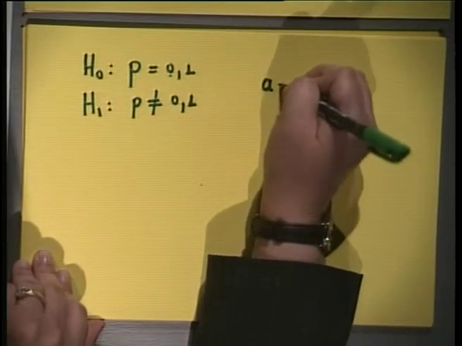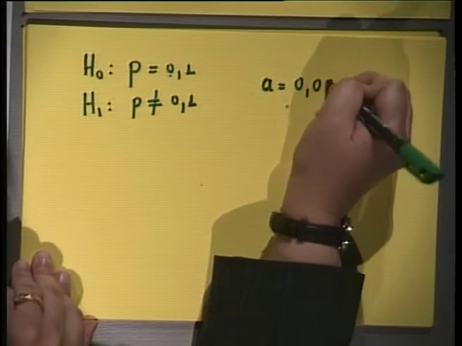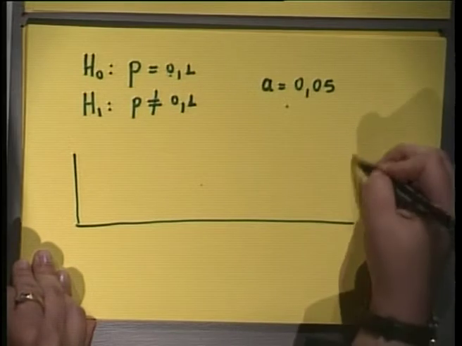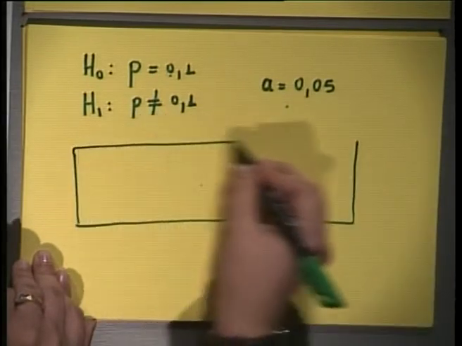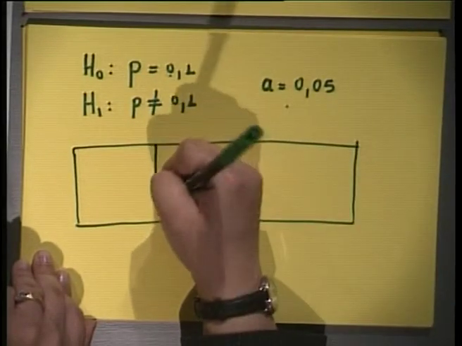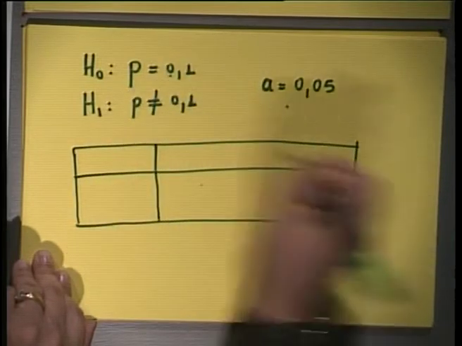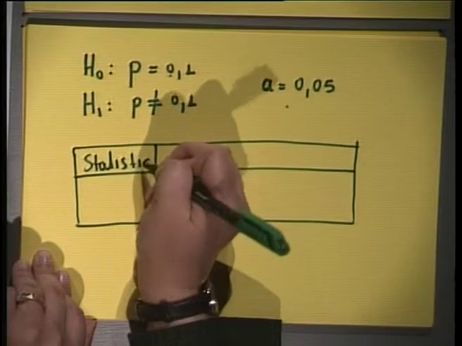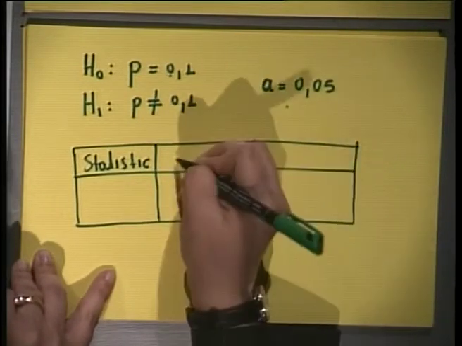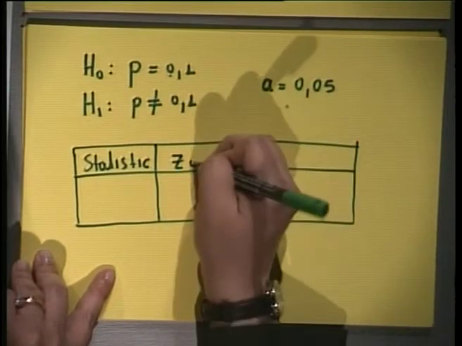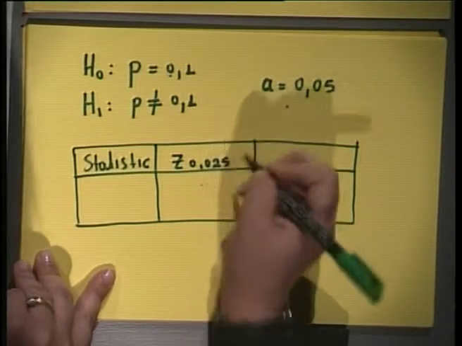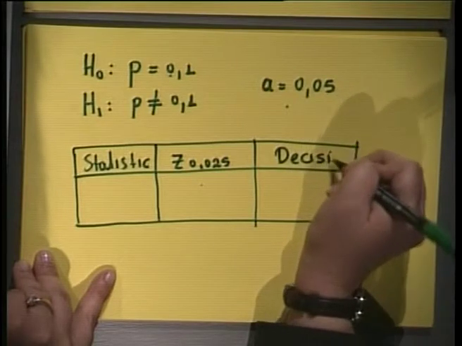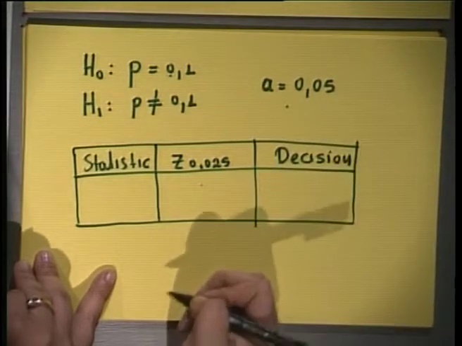Again, let's choose alpha equals 0.05, and in the same way as before, we construct our table consisting of our statistic, the value of the standard normal distribution at 0.025, since it's a two-sided test, and finally making the decision.